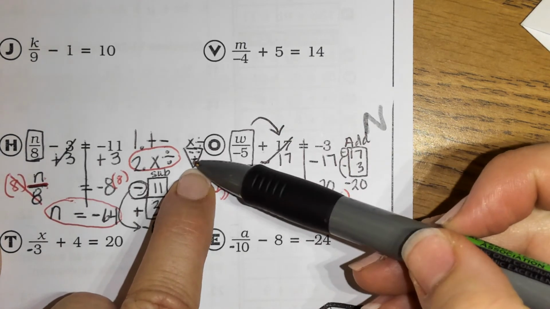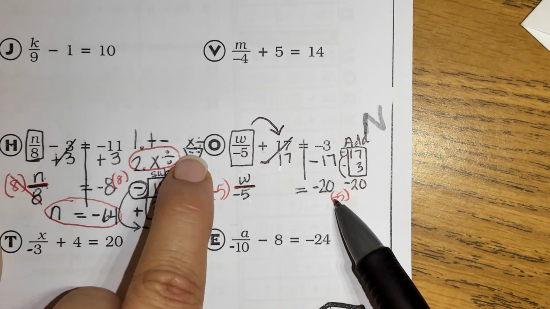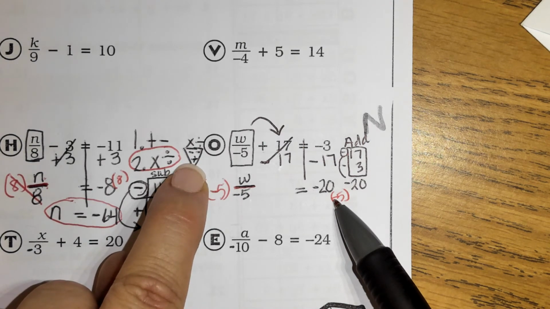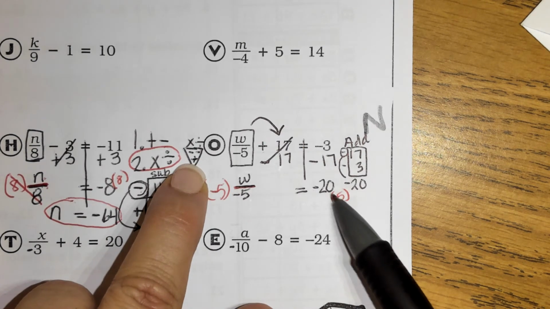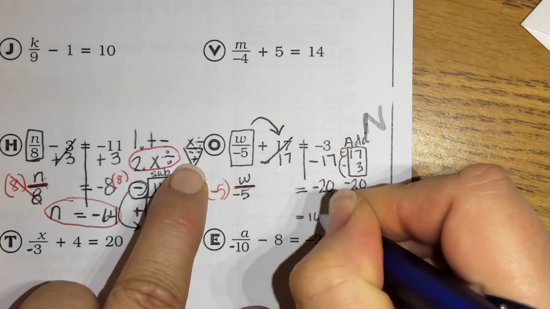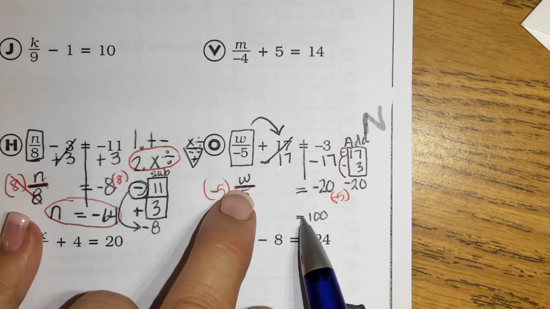We're allowed to write this kind of stuff down, especially for testing. A negative times a negative equals a what? Positive. So this is going to be 100 equals 100. What equals 100? W.